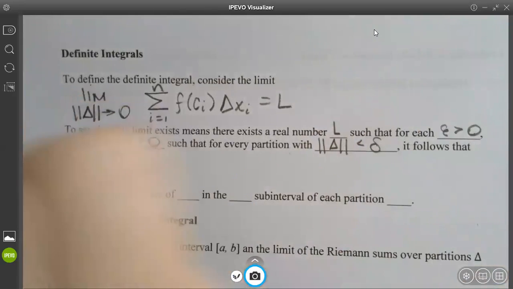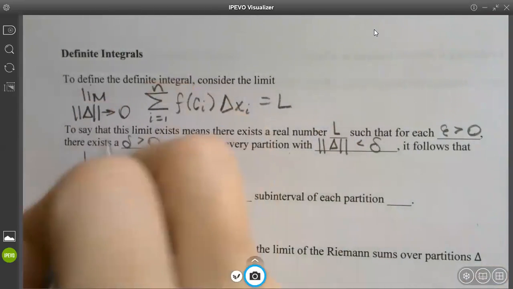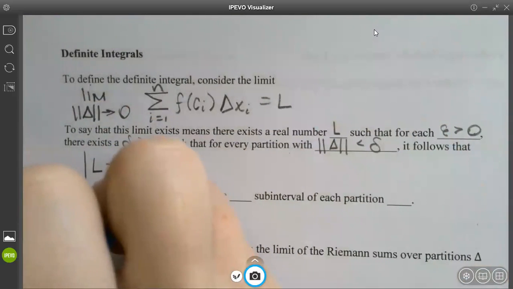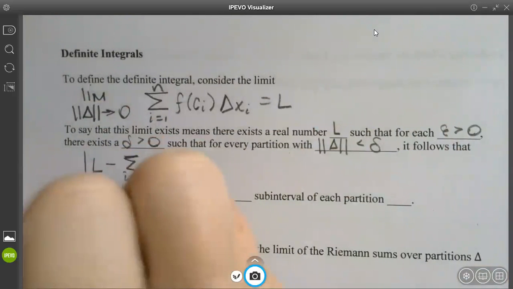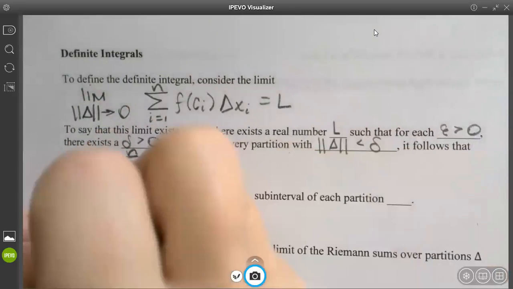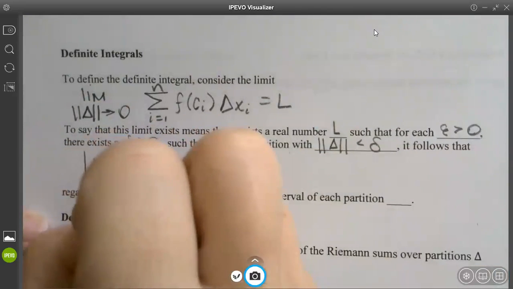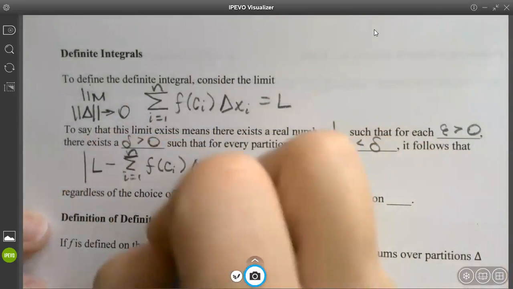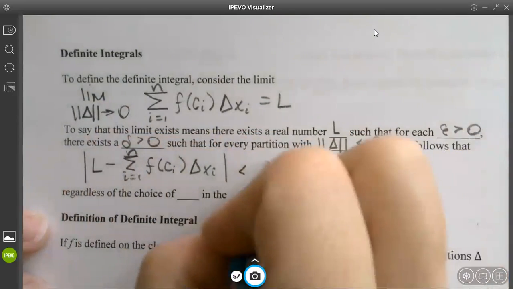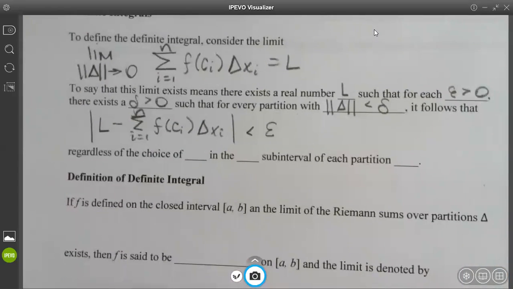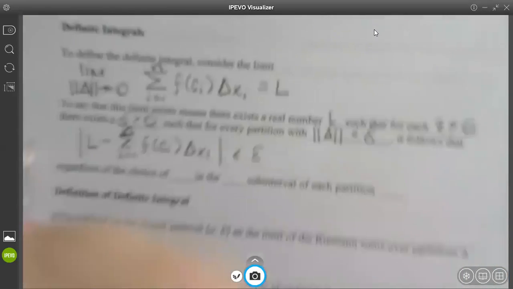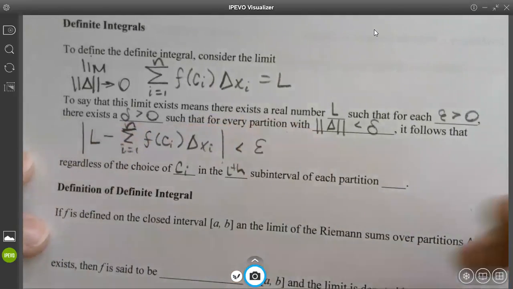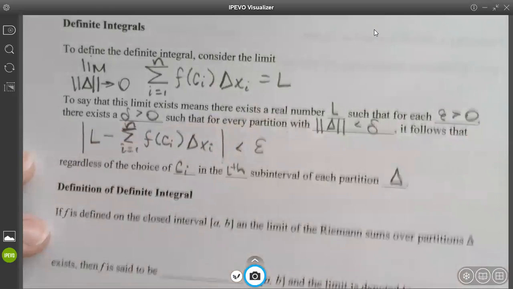So this would come from that chapter 1, 2 that we did before. The limit minus the summation from 1 to n of f of ci delta xi is less than epsilon, regardless of the choice of ci in the ith subinterval of each partition delta.